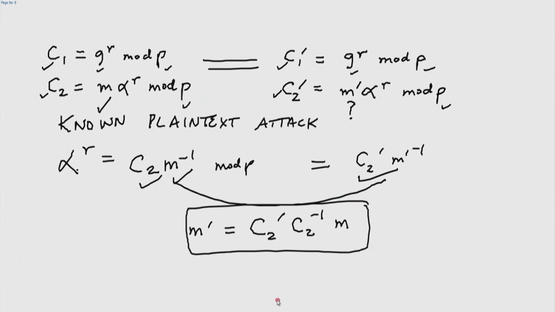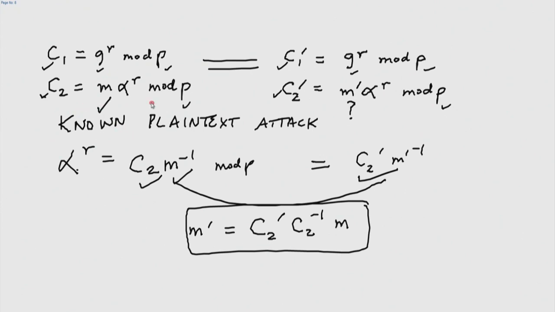Knowing the ciphertexts, which I always know, so I can always tap into the line and find the values of the ciphertexts. The thing is, I want to find out what is this message M prime that the victim has just encrypted and sent. I'm assuming a known plaintext attack where I happen to know the value of M for this encryption.